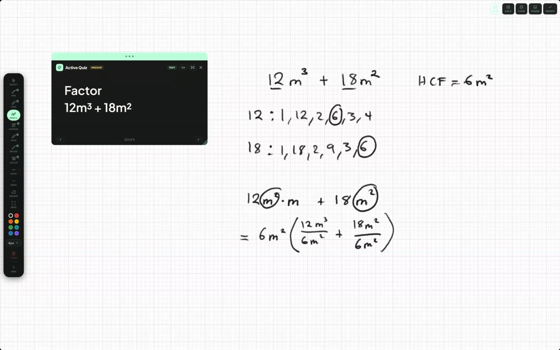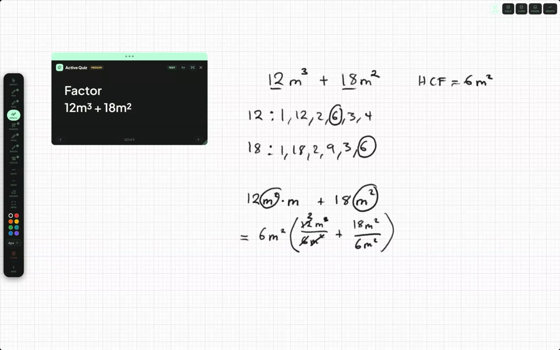Okay, firstly, if we've got m to the power of 2 down the bottom, we can get rid of that, and we can take 2 away from this top pronumeral, which just leaves us with m to the power of 1, or m. 12 divided by 6, well, 6 goes into 12 twice, and we're left with 2m.